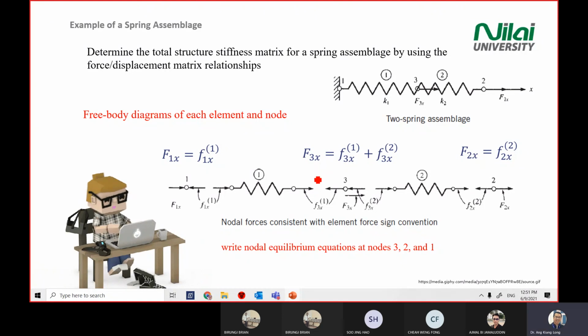You are focusing on this free body diagram, this point number 3. How many arrows do you have inside this diagram? Brian? I'm seeing 3: 1, 2, and 3.